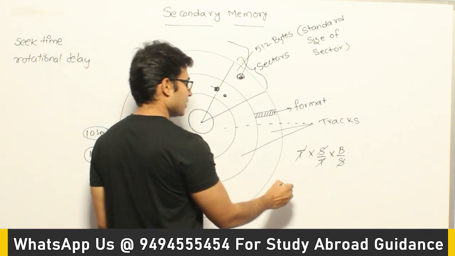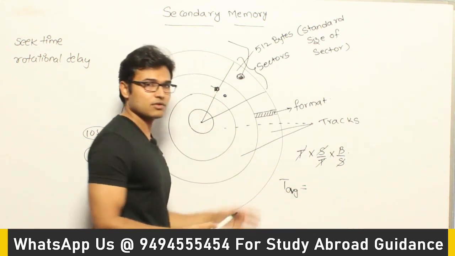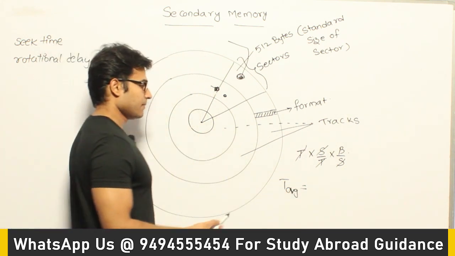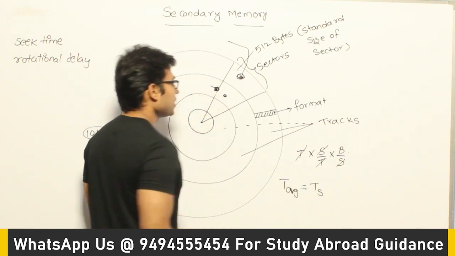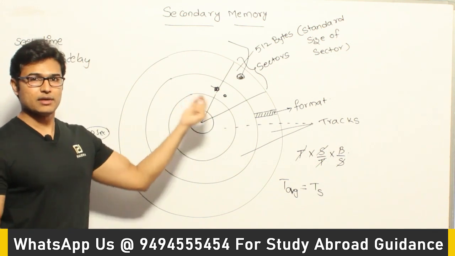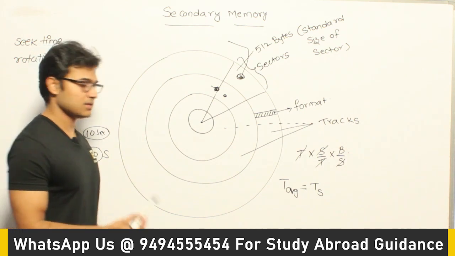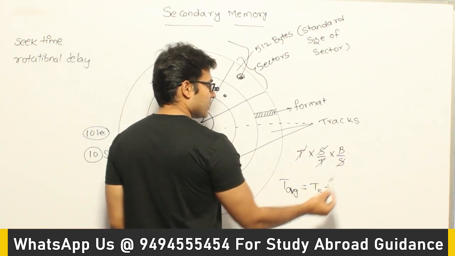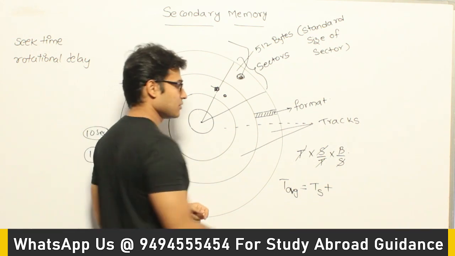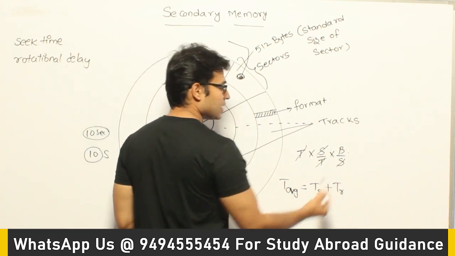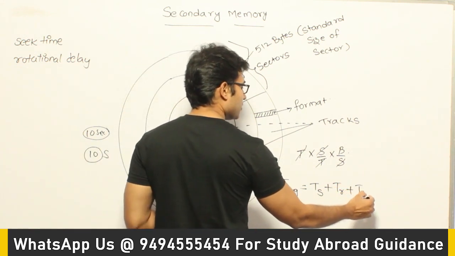So you can write it this way: the average access time for a hard disk is going to be, one is the time taken by the read write head to move on the disk in order to move to the corresponding track, plus the time spent by the read write head waiting for the sector to come under it, which is nothing but the rotational latency or rotational delay, plus the time taken to actually transfer the data.